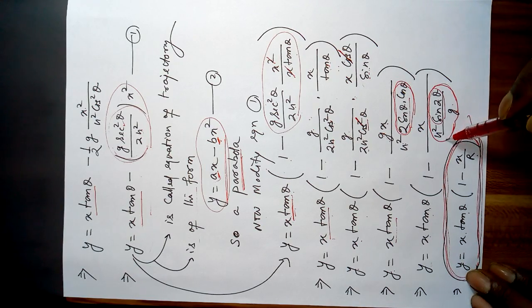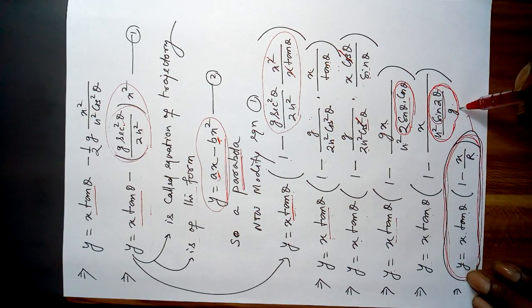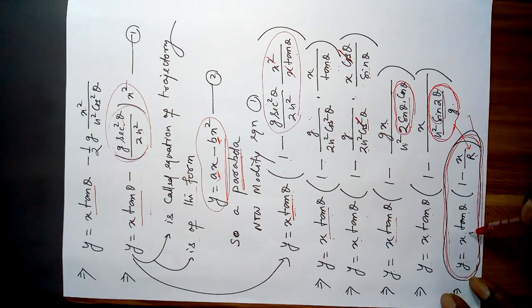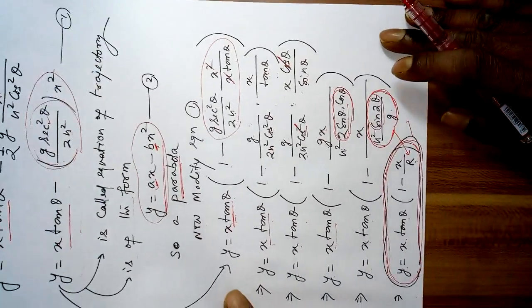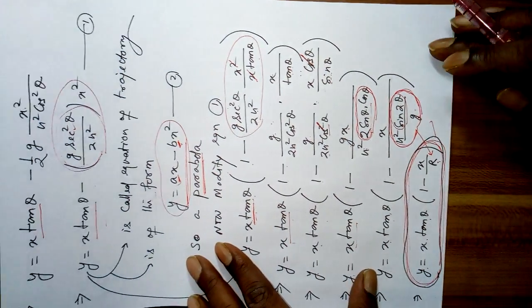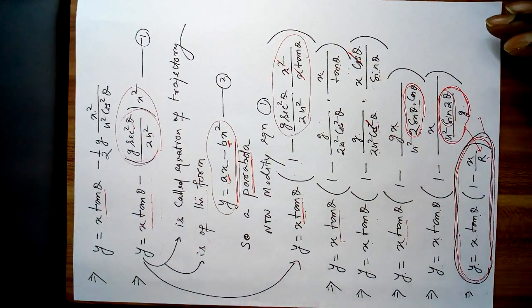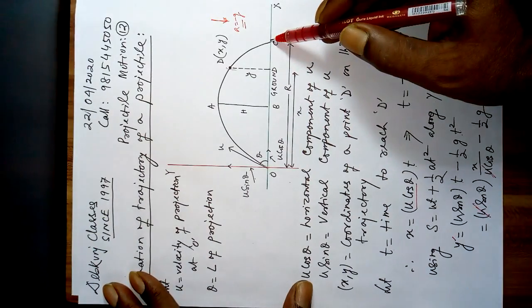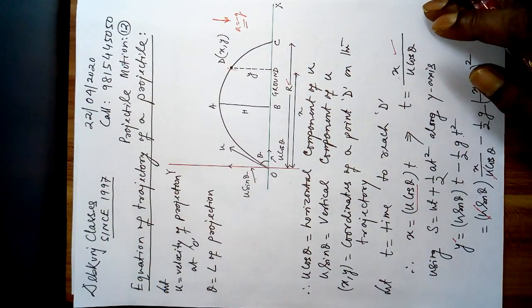By doing so, this becomes the range of the projectile, which I have represented as R. So your y becomes x tan theta into 1 minus x over R, where R is the range of the projectile. That is from here to here. It is represented as capital R.